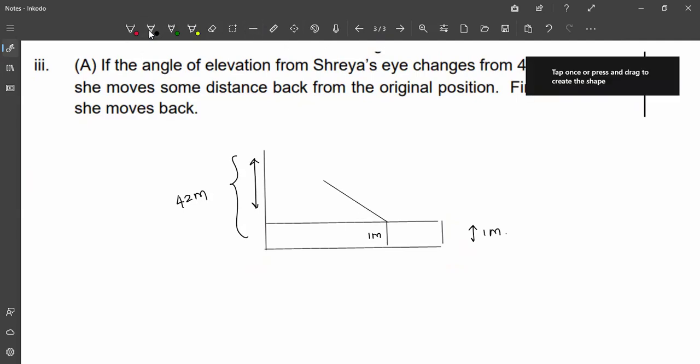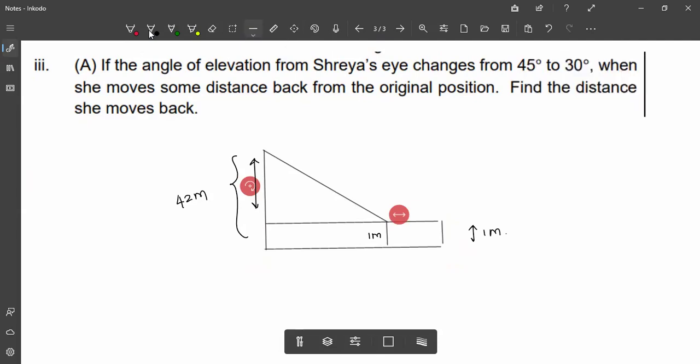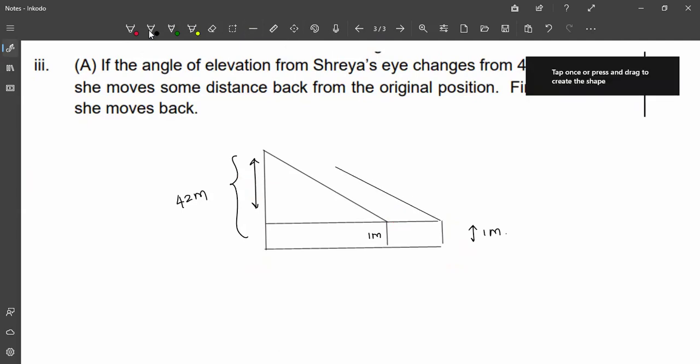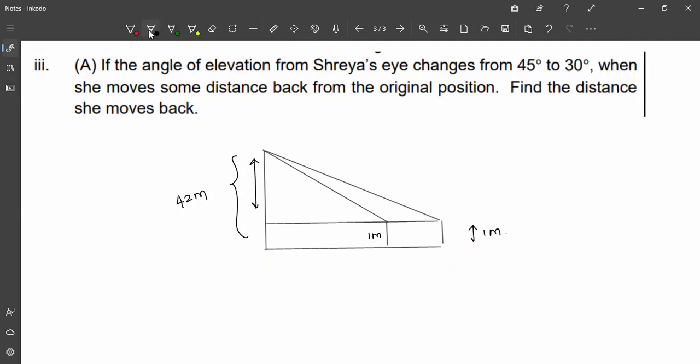Now there will be two angles of elevation, one when she is closer to the building and the other when she is far from the building. If you observe, when you are closer to any building, the angle of elevation would be more.